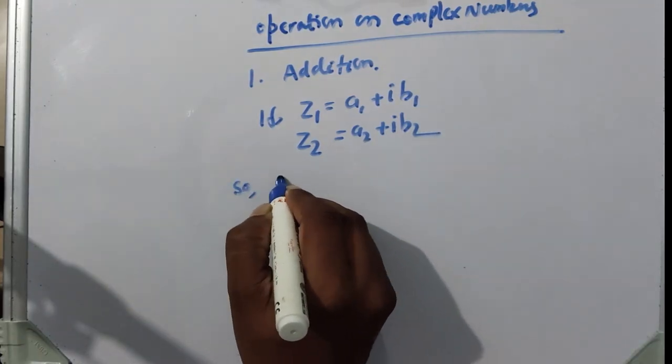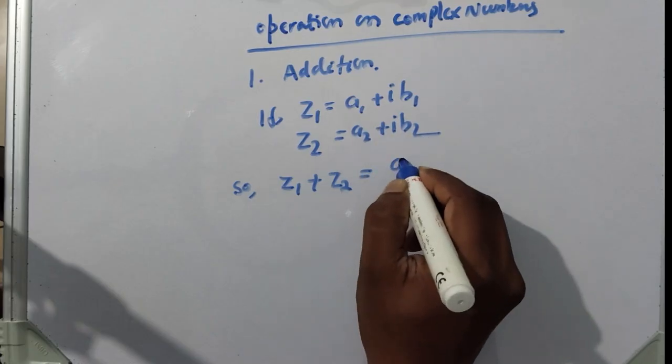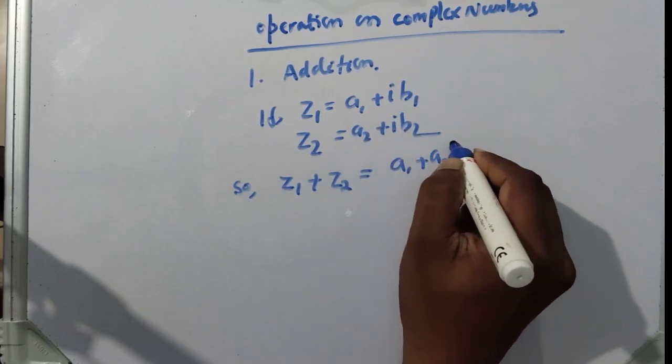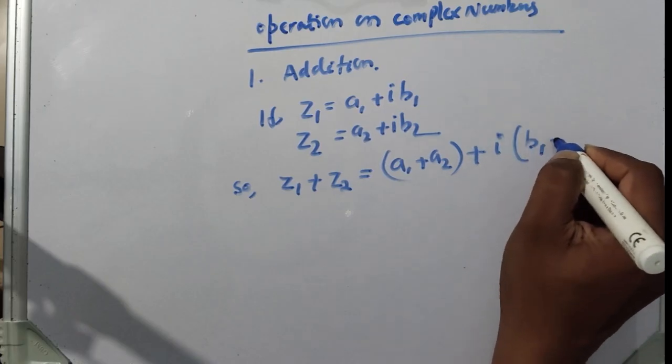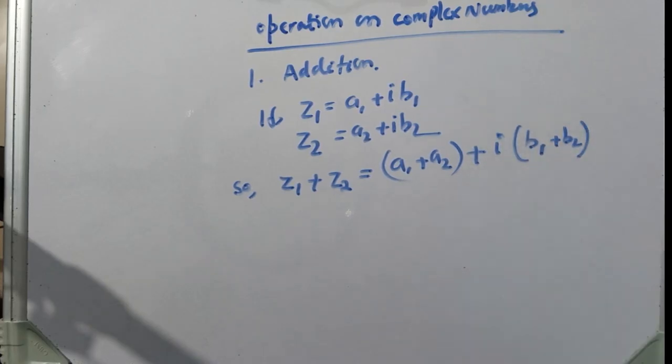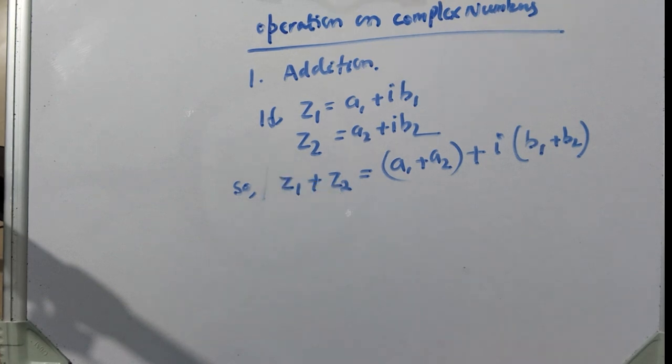So z1 plus z2 equals a1 plus a2, simply addition, plus i times b1 plus b2. So this is how complex numbers are added.